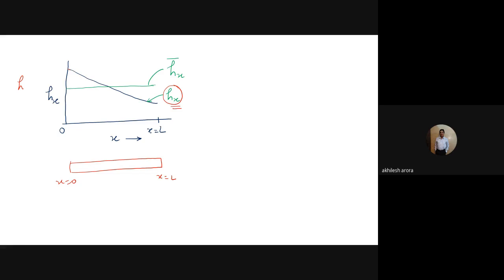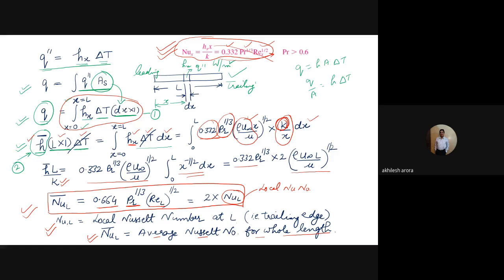I have already explained why it is reducing. And if I calculate the average value, then this is the average value of the heat transfer coefficient over the whole plate. That is what we have calculated in this particular relationship. Okay, so I hope this is clear.